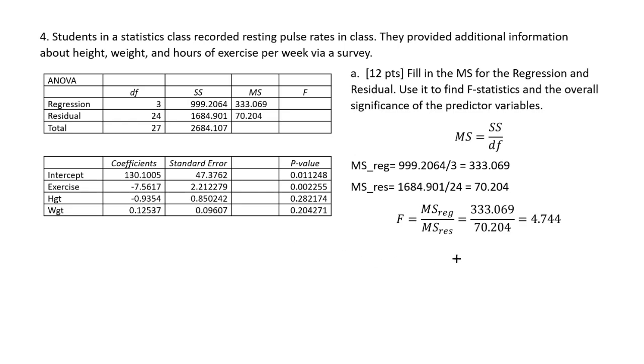So I have to do an F test, and the test statistic for the F test is called the F value, and it's defined as the ratio between these two mean squares.